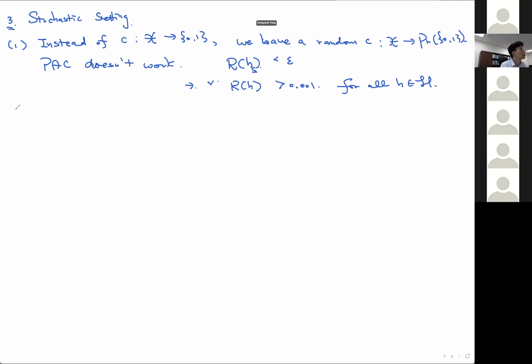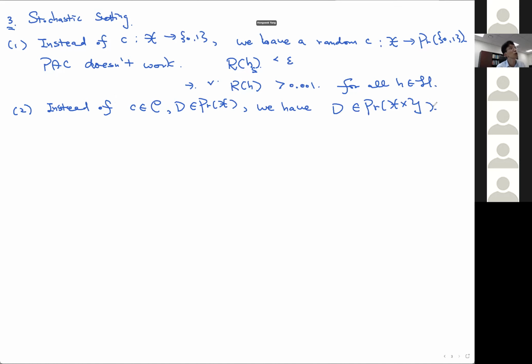So then what's the formal description of this setting? Instead of having an unknown concept C and a distribution D over inputs, we have just a distribution D. It's the same letter D, but it's defined over input and output pairs.